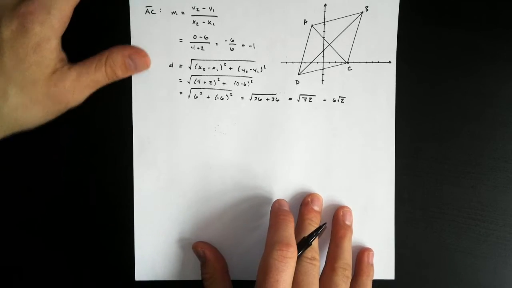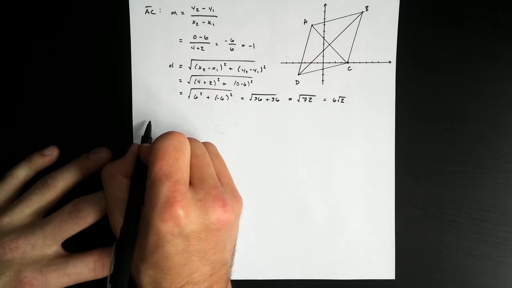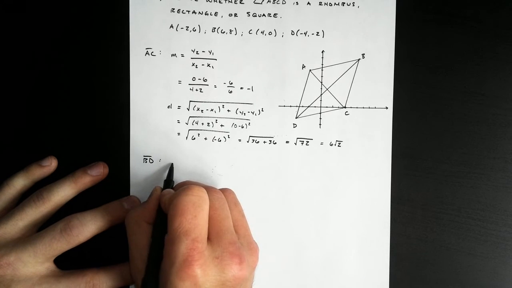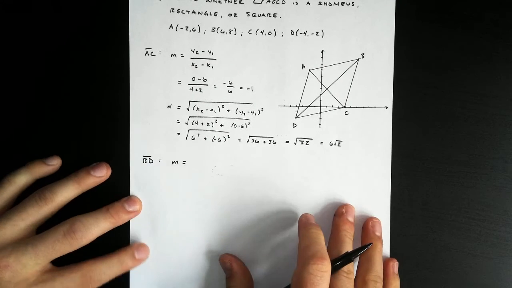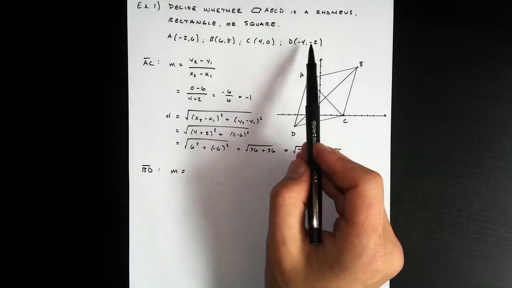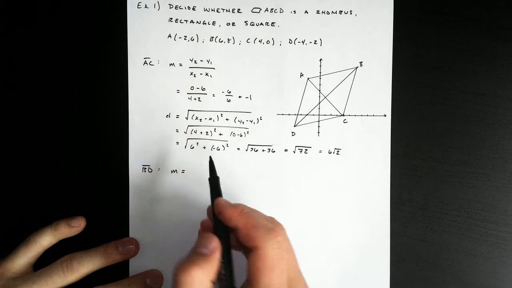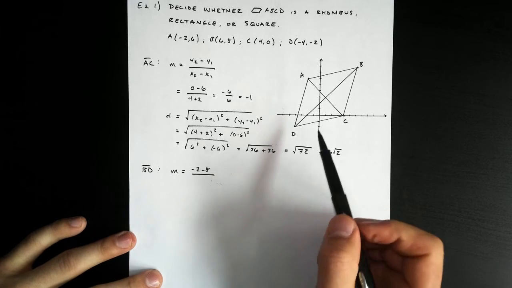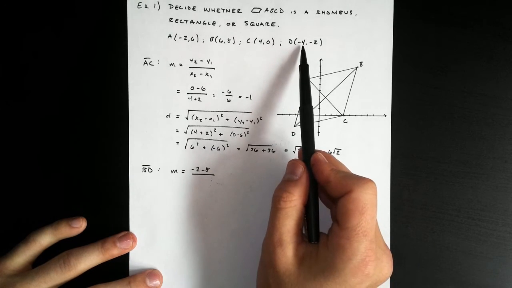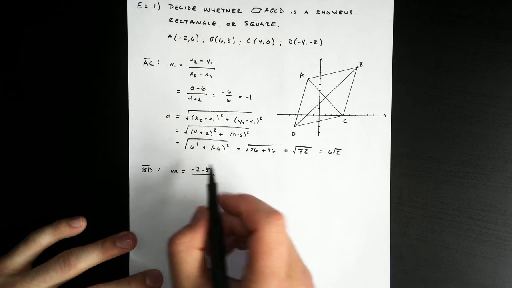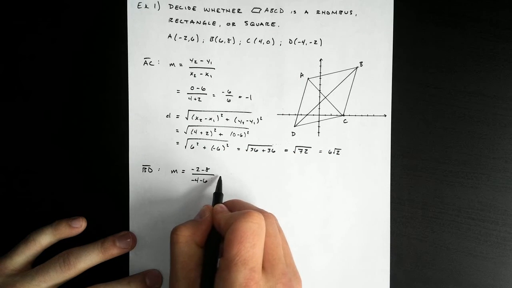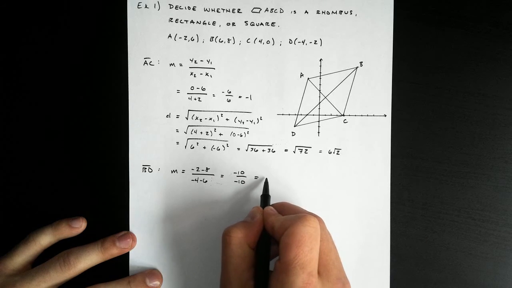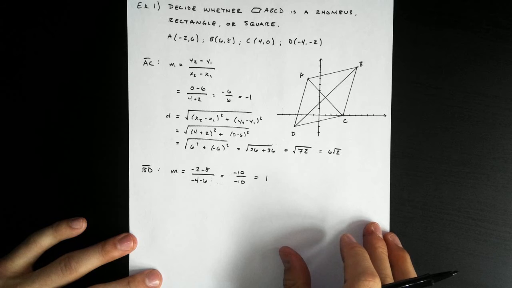So let's do that same thing for our other diagonal. So we want to look at BD now. So the slope, okay, so the y values, negative 2 minus 8. And then our two x values, we have negative 4 minus 6. So that's going to be negative 10 over negative 10, which is a slope of positive 1.